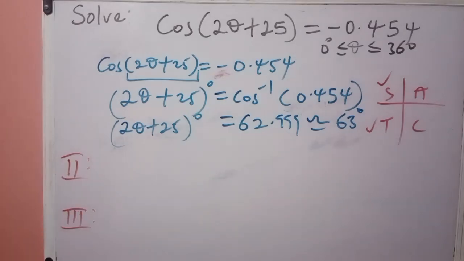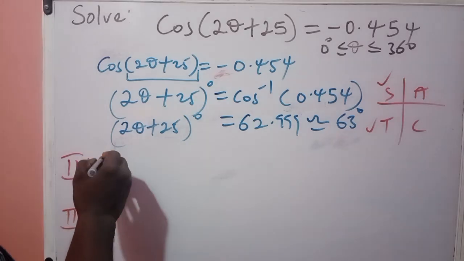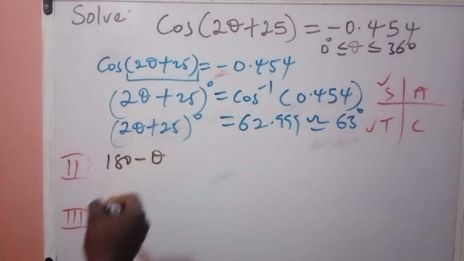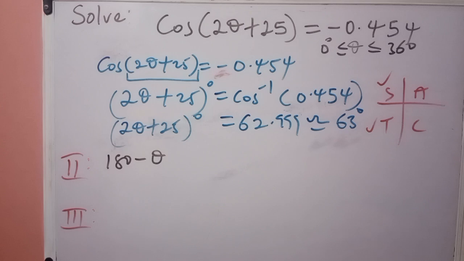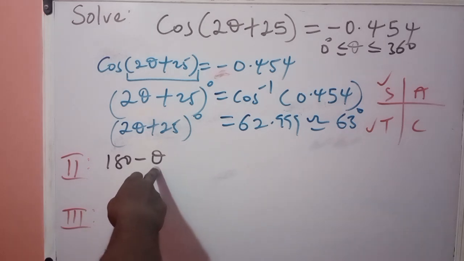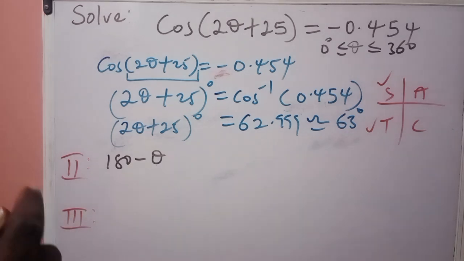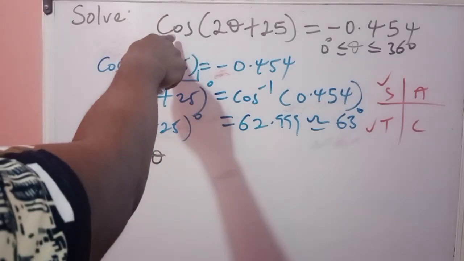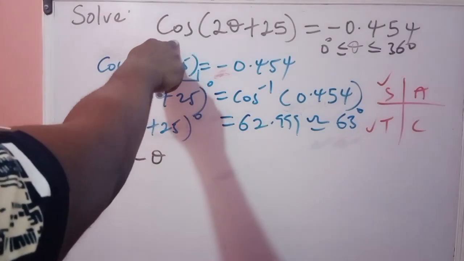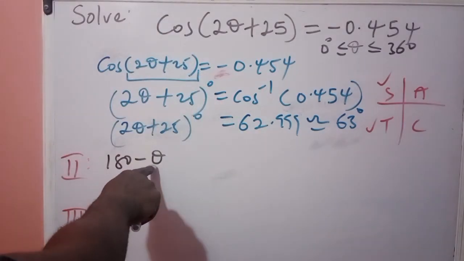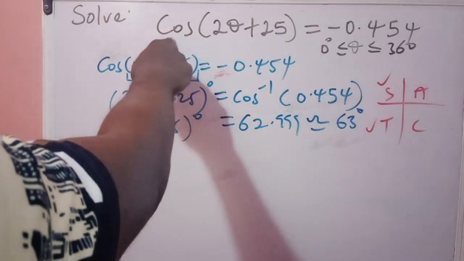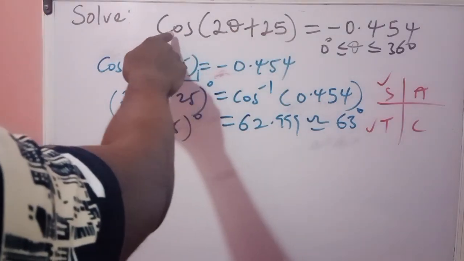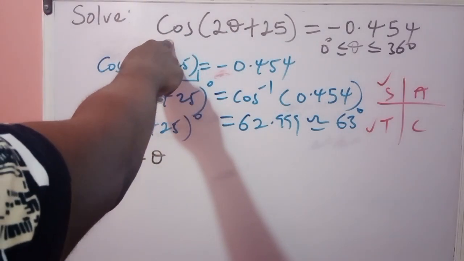Now quadrant 2 says 180 minus theta. That's the rule that goes on in quadrant 2. Now don't forget, this theta value we put right here was significant with the angle associated with the trigonometric function. So when we fixed in theta here, that was the whole angle associated with whatever function we're dealing with.